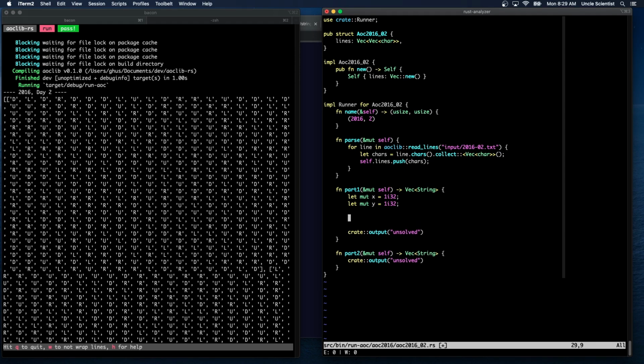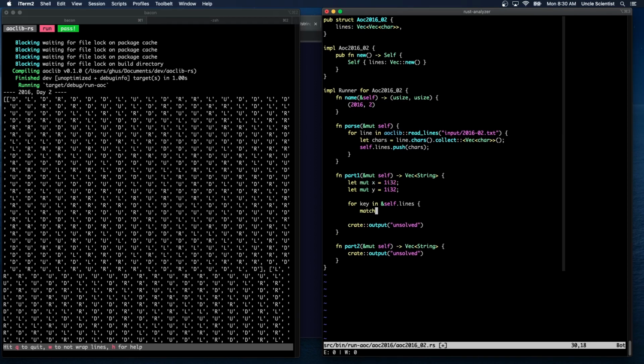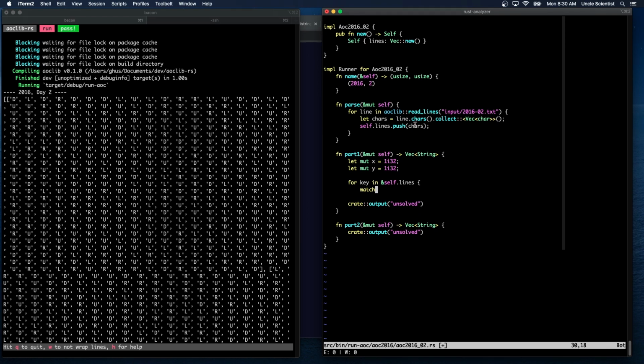And then we can just say for key in self lines. And then we can just match. This is the one advantage of converting it into an enum, is that we only have to do the error processing here. Here we have to do it. I bet you're going to need it for part 2 as well.